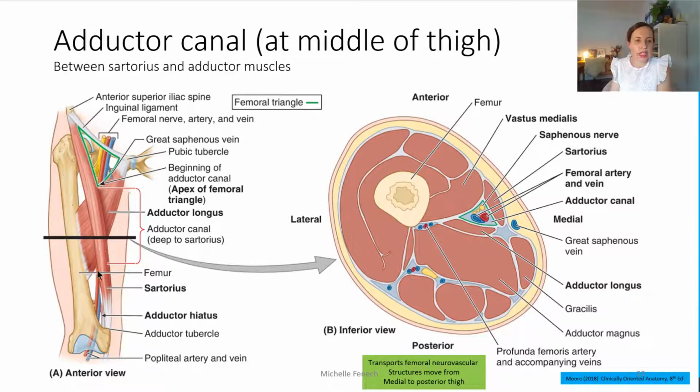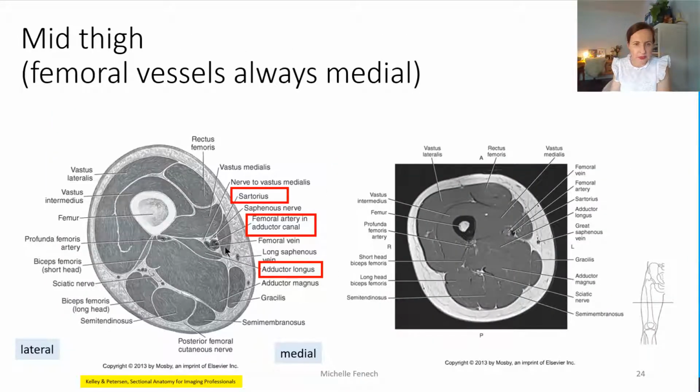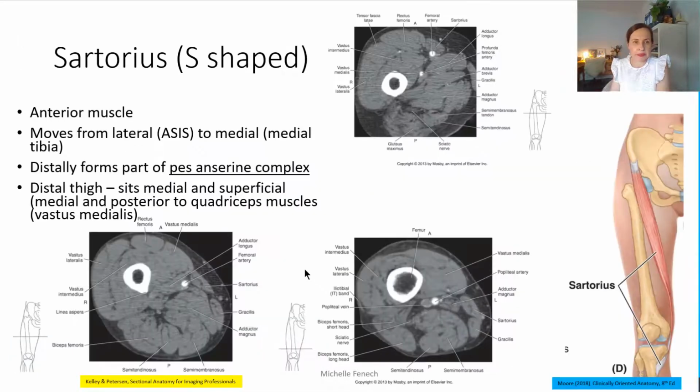They travel all the way down to this bottom point here, the region where they've finished crossing, and that's the end of the adductor canal. So you can see they always sit medially in the thigh, and look, in the lateral thigh there are just no vessels. Some small posterior ones, but the major vessels will sit medially.